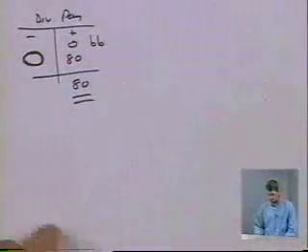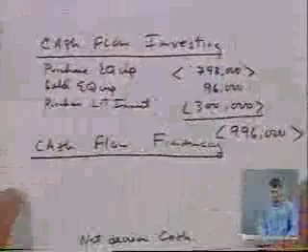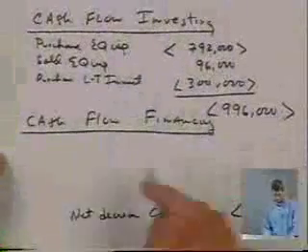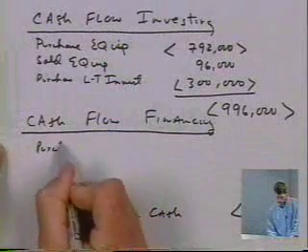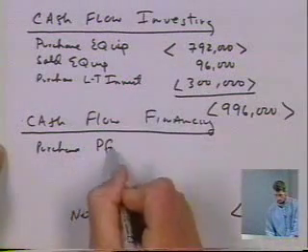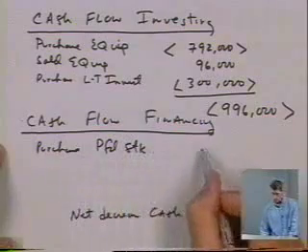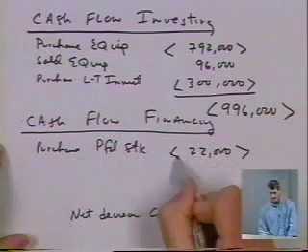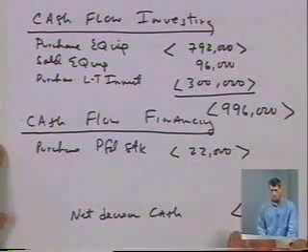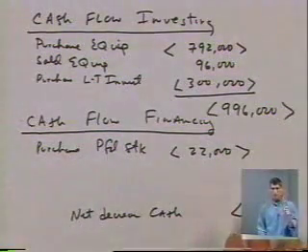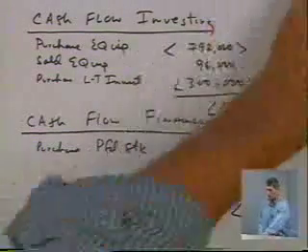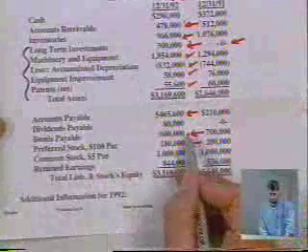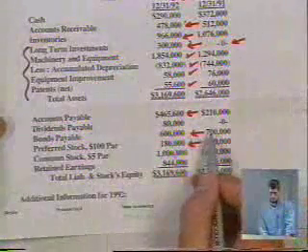So we then go to our cash flow from financing section, and to purchase preferred stock, the total amount was $22,000. That's a cash outflow. In addition, again, there were 0 dividends paid. In addition, we saw, when we look at the balance sheet, that there was a decrease in bonds payable from 700 down to 600.